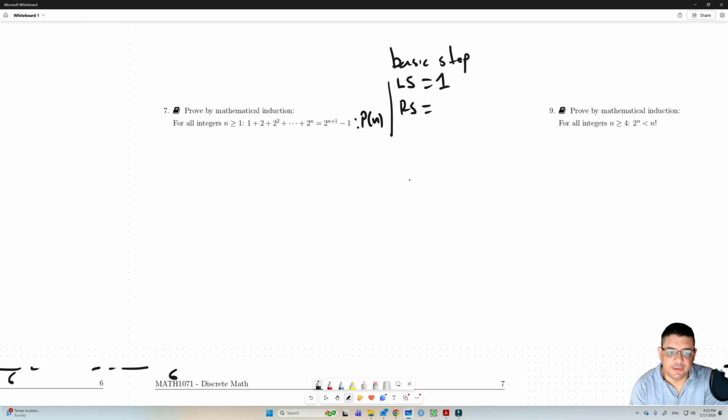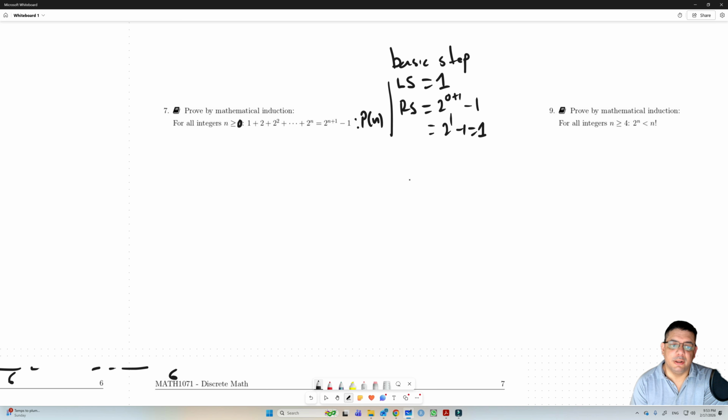And the right side, this has to be n bigger than 0 here, not n bigger than 1. The right side is going to be 2 to the 0 plus 1 minus 1. So that's 2 to the 1 minus 1, and it's going to give me 1.